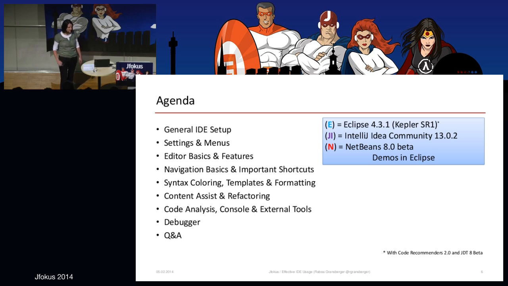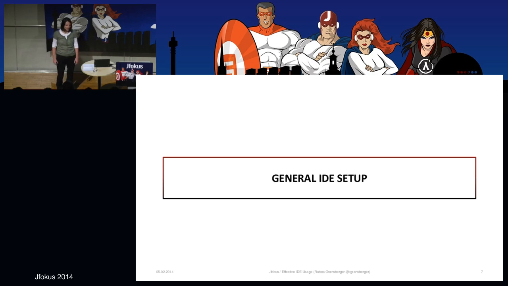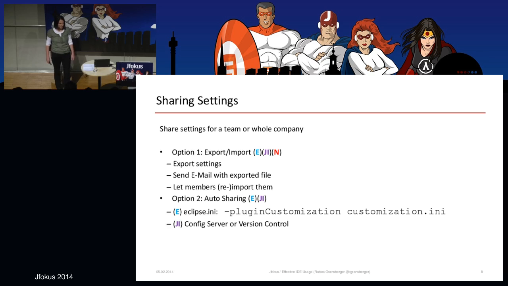So now let's start with a general IDE setup. It's most importantly used when you're working in a team on the project, or if you just want to share settings with your whole company. Because if you're working in a team, everybody should use the same formatting settings. And if anybody does not use the same formatting settings, you get some nice false changes in your version control system.